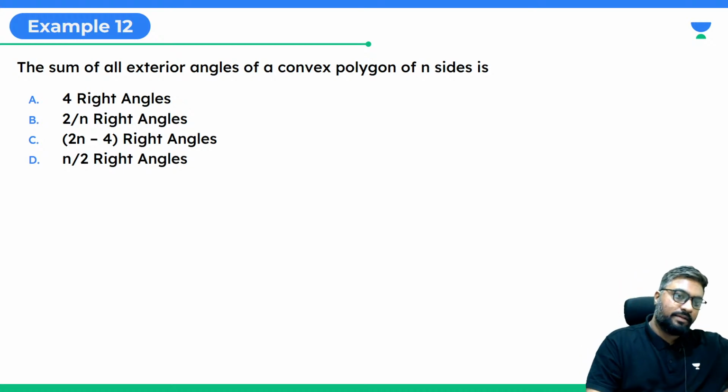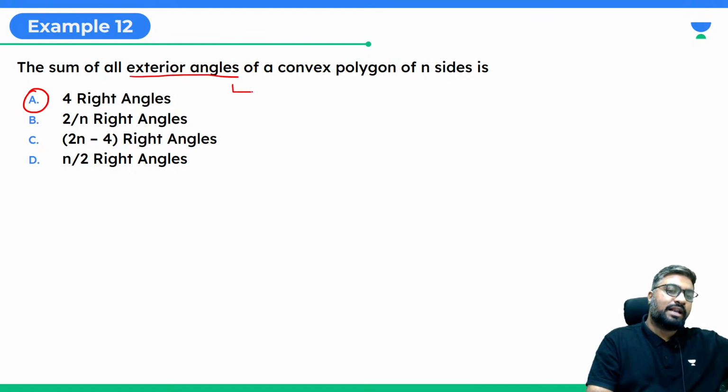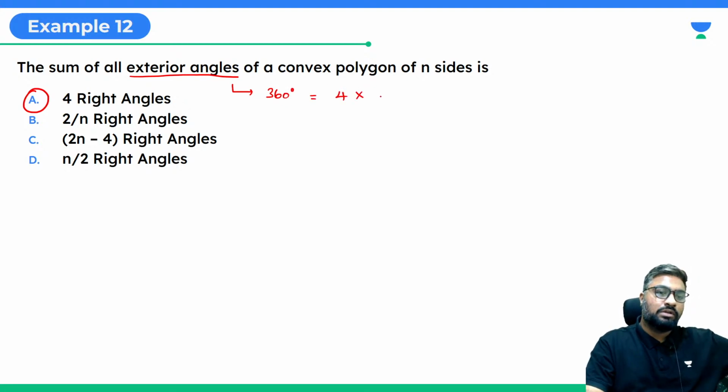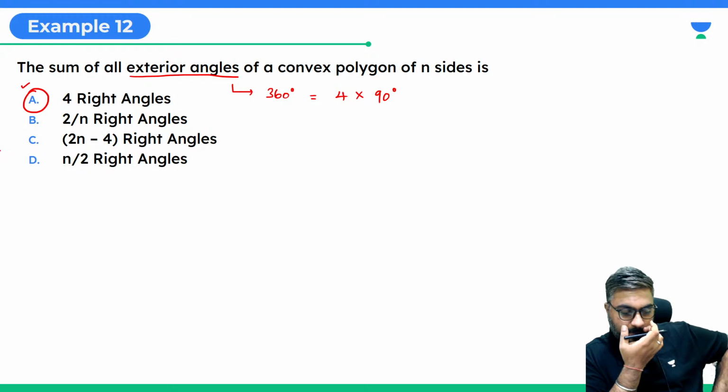Very good Dinesh. A. You don't have to think only. Simple question है. Sum of all exterior angles. Sum of all exterior angles is going to be 360 degrees. 360 degrees is basically what? 4 into 90 degrees. So 4 right triangles. ठीक है?